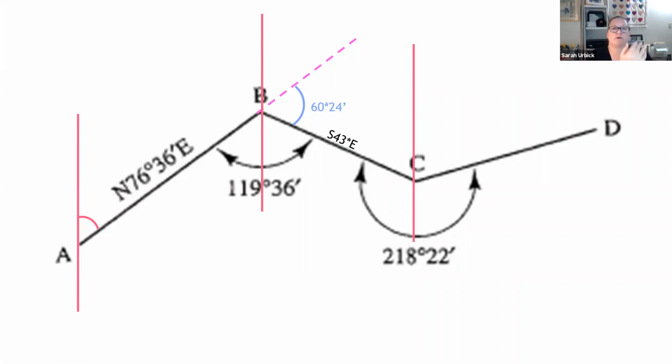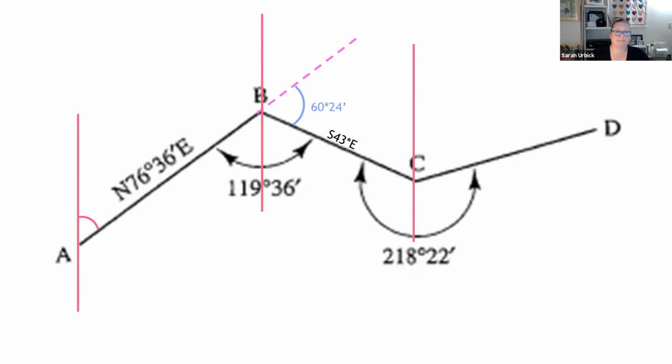From our meridian, meridians are just reference lines. Okay, so we call it our north meridian. At A, our angle is 76 degrees, 36 minutes. Our angle at B is 180, subtracting our 119.36.